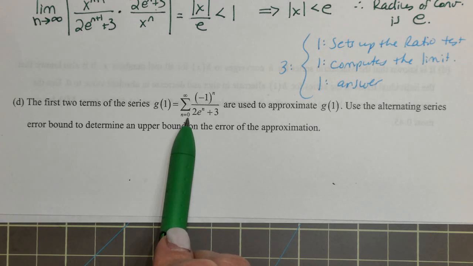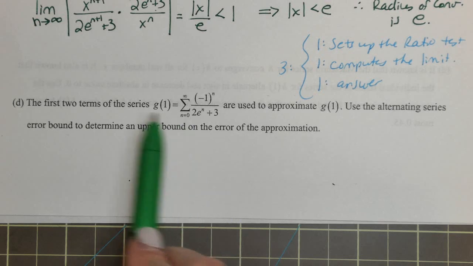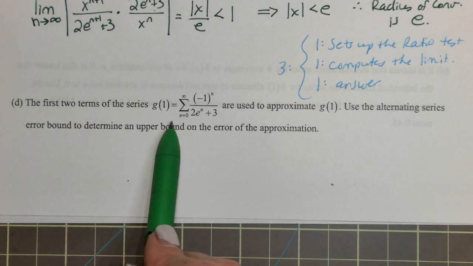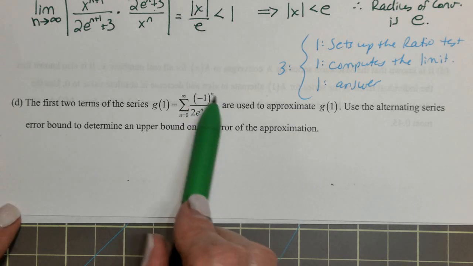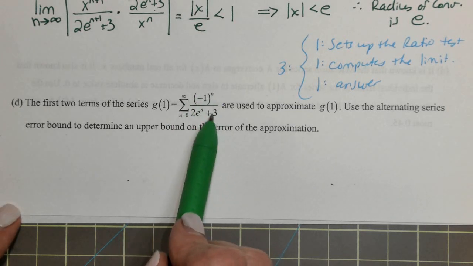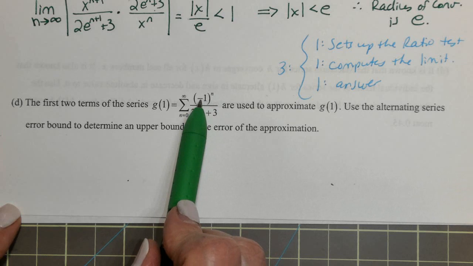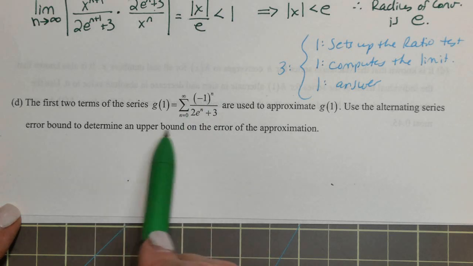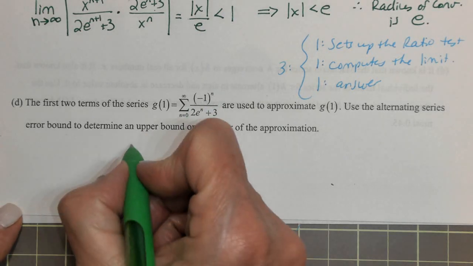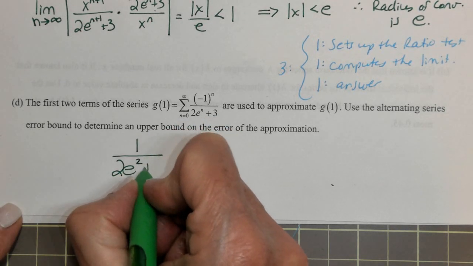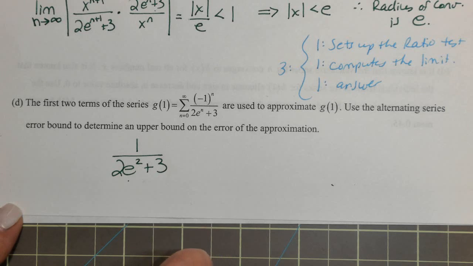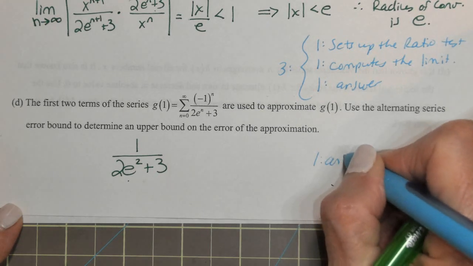N equals 1 will be the second term. Therefore, the third term will be when n is equal to 2. So I'm going to put 2 in for n, ignoring the -1 because the error bound is always positive, and it will be 1 over 2e squared plus 3. That's our answer. 1 point for the answer.